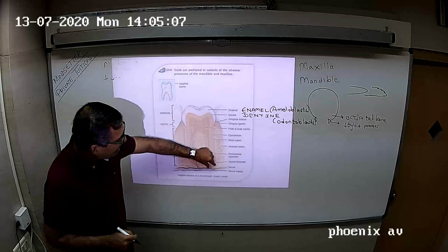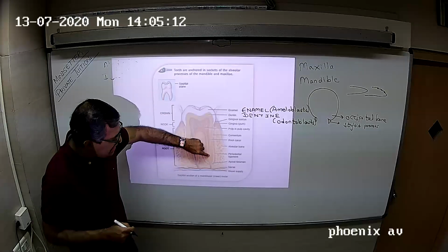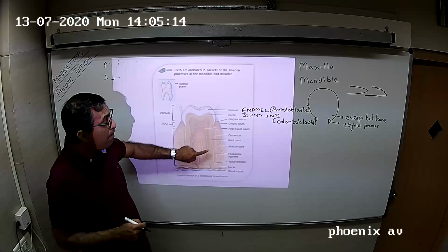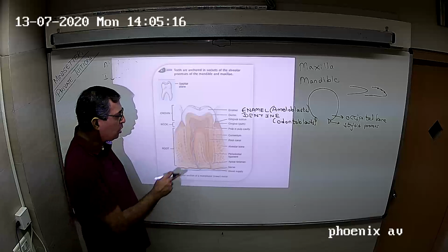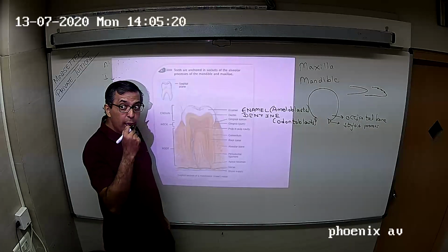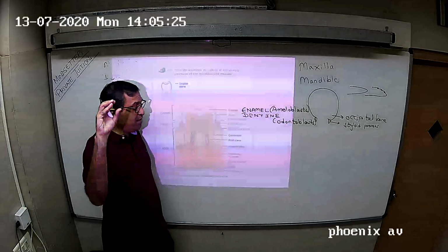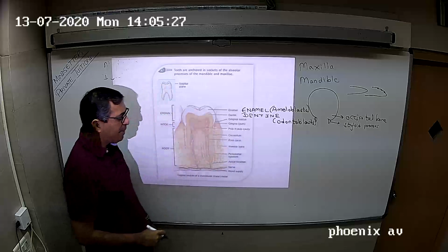And within the dentine is a small space which is called the pulp cavity. So this is the pulp cavity. So your tooth is actually hollow inside. अंदर वो hollow है, उसमें एक cavity है which is called the pulp cavity.